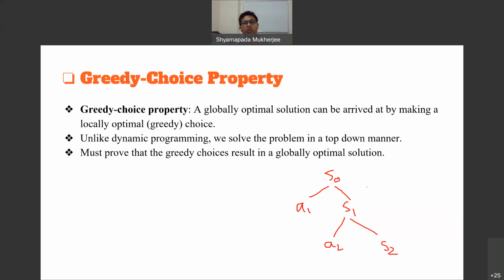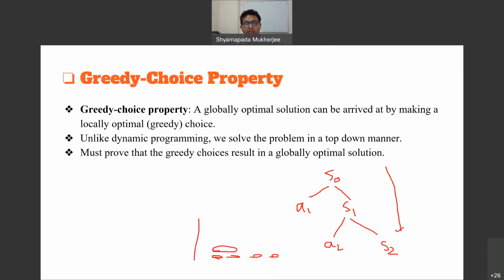So if we draw this kind of graph or tree for the greedy strategy for the activity selection problem, we use a top-down procedure. But in dynamic programming, we start solving the smaller problem before solving the larger problem. Initially at the leaf level, we solve the problem and then we use these optimal solutions to get the optimal solution for the larger problem one level above.